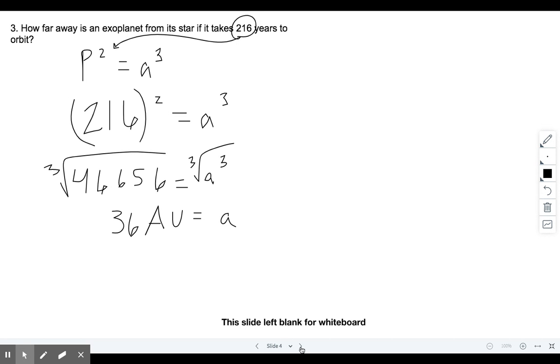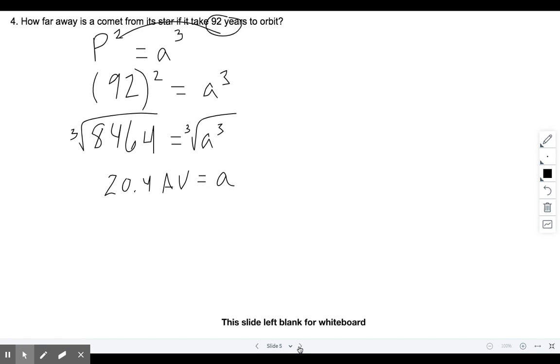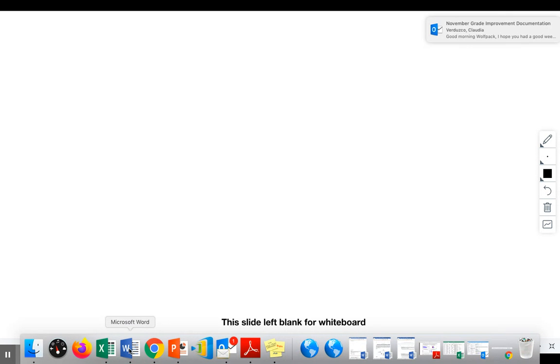The one close to that, this was 110, it was 36. So you can see there should be a pattern that it keeps getting bigger and bigger the more AUs. And if one's out of that pattern, then something's wrong. So if one's got a shorter distance but a longer time than another one, then you should see that there's something wrong with that and your calculation is incorrect. Okay, so that's Kepler's third law.